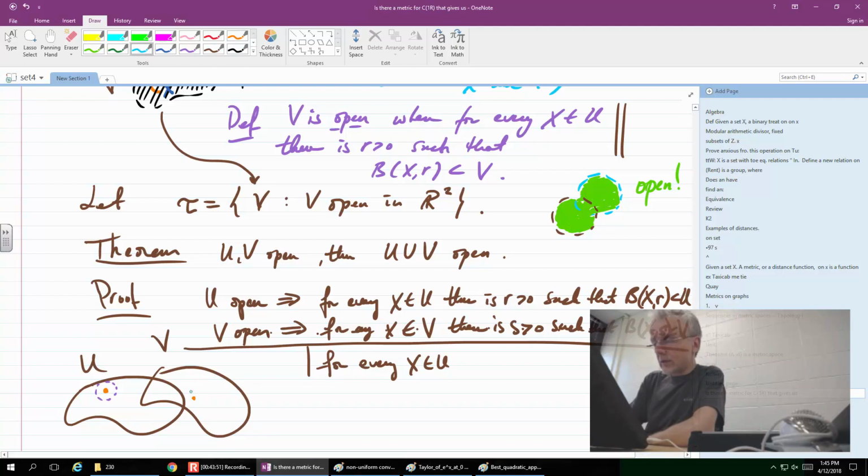I can once again separate from the outside with a disk. So every point x in the union of these two sets, we can use either one or the other in order to separate it from the outside, or in other words, from the complement. Remember, we separate that point from the complement of the set, and we have it here.